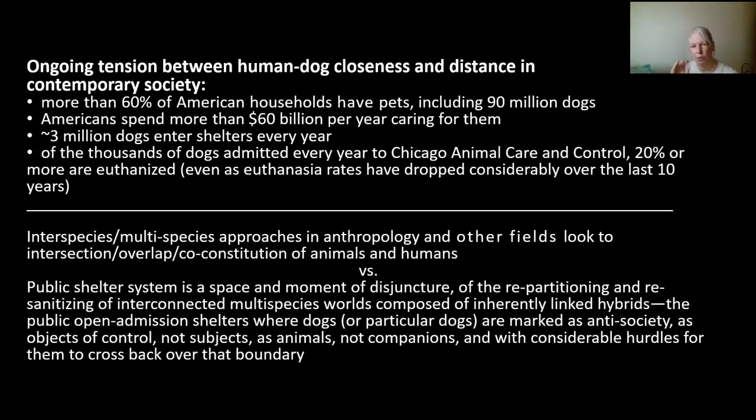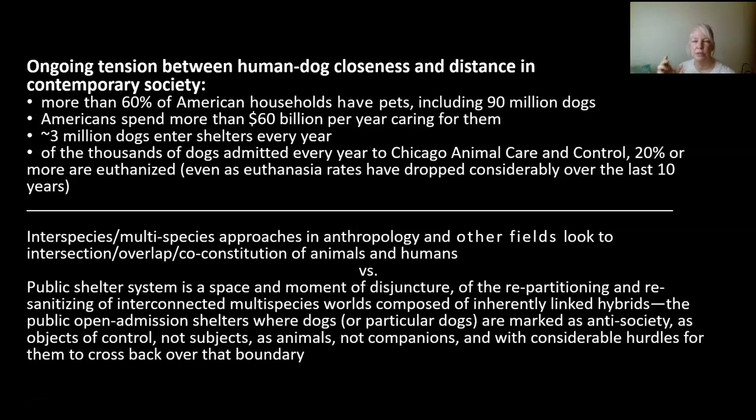And when we get to this question, that's also when we'll get into reading more of the animal ethics and animal rights literature coming out of philosophy and other fields, which is trying to get into all those ethical and moral questions about what is a dog and what are the implications, particularly of how we treat marginalized dogs, right?